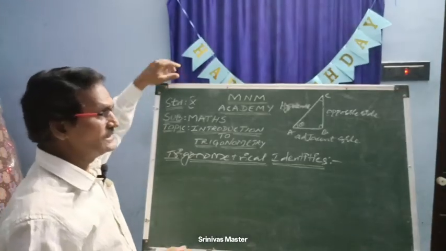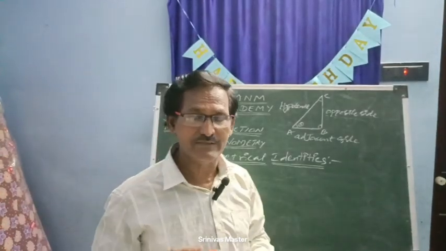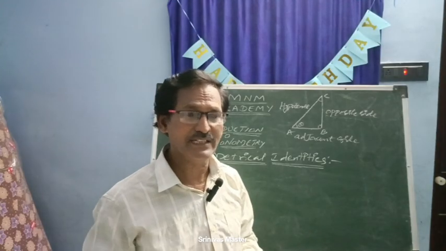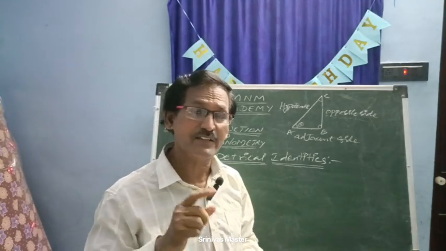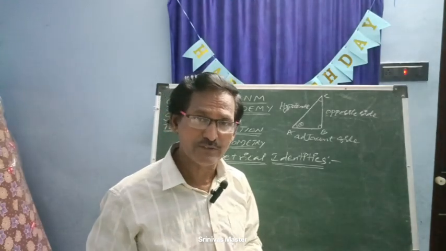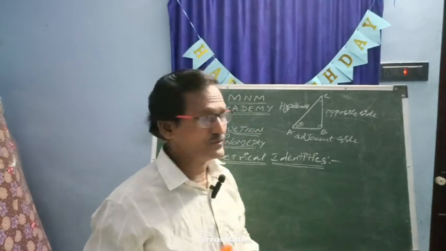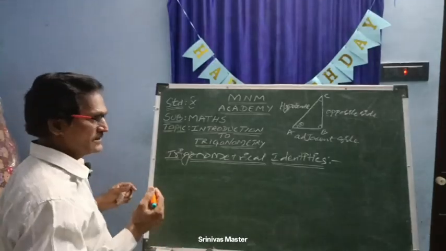In a right angle triangle the largest side is the hypotenuse, so you can say that the square of the largest side is equal to the sum of the squares of the other two sides. You can state the definition in any manner.